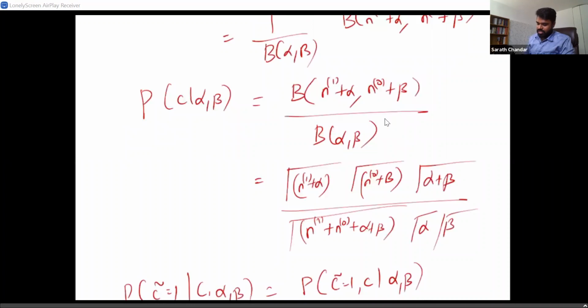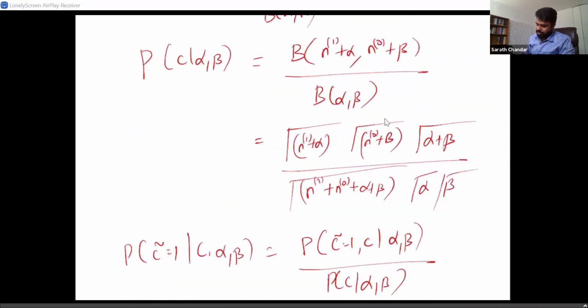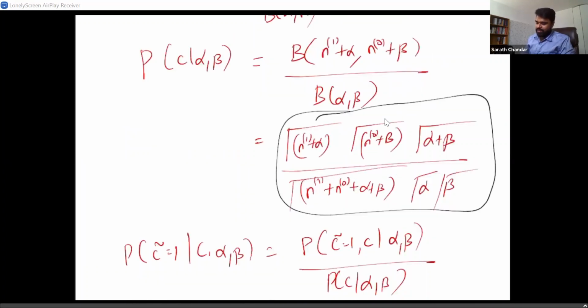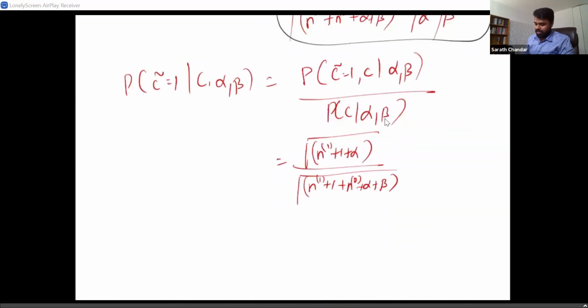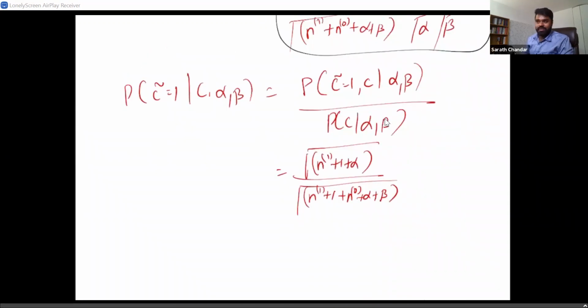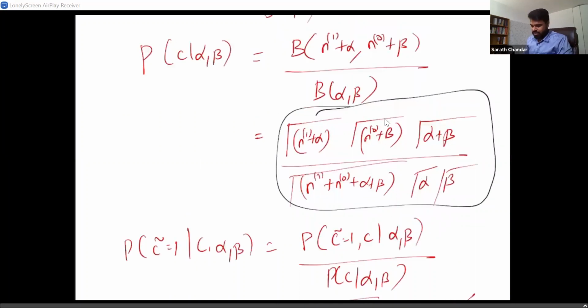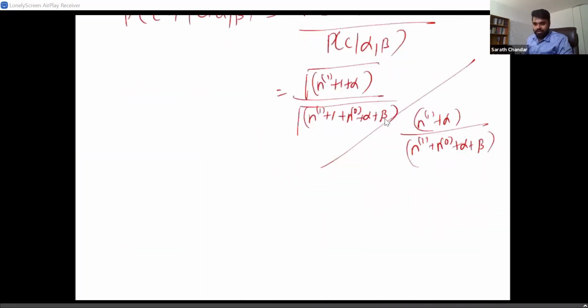I'm just removing the alpha beta terms because they cancel out. The rest is given by n1 plus alpha divided by n1 plus n0 plus alpha plus beta. So all I have done is substituted this equation two times. Now this has a very simple form, which is n1 plus alpha divided by n1 plus n0 plus alpha plus beta.